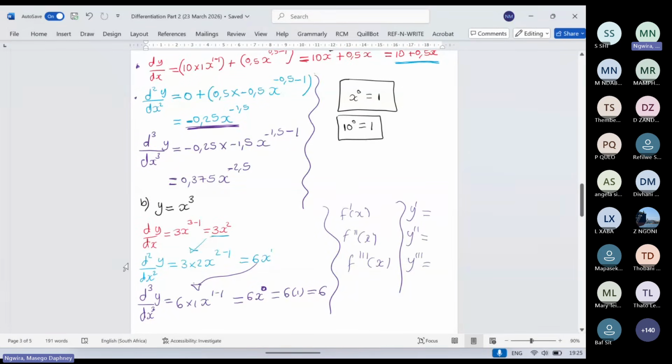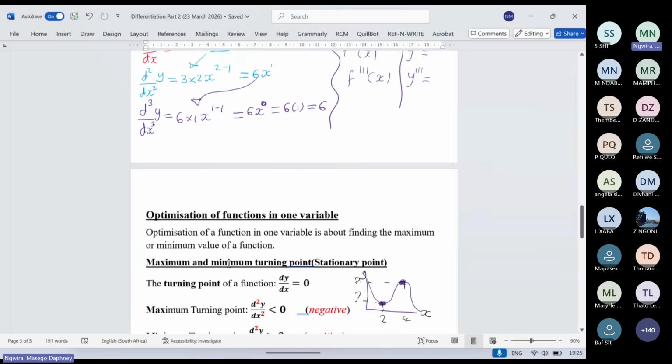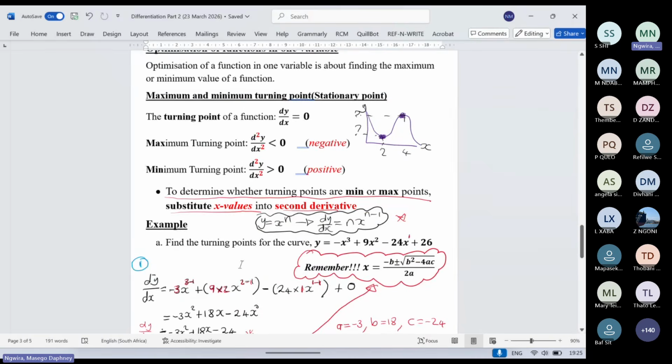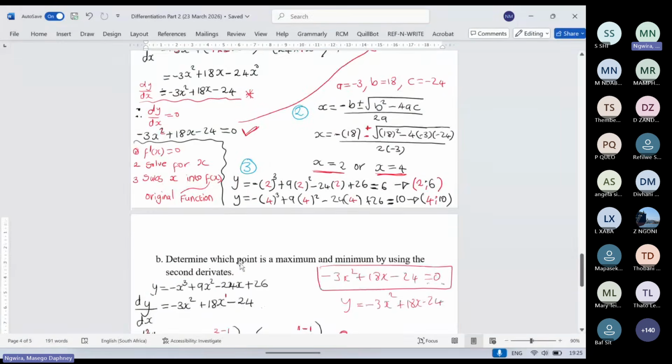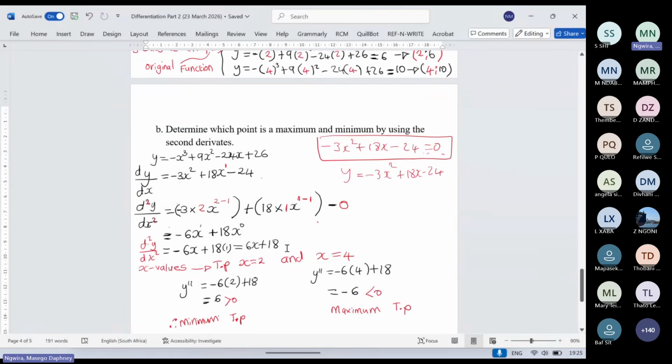This one, I didn't divide. When I was doing number B, I didn't divide. I just derived. We want you to derive, and then after you derive, take the x values of that turning point and put them into your second derivative. That's what we're looking for.